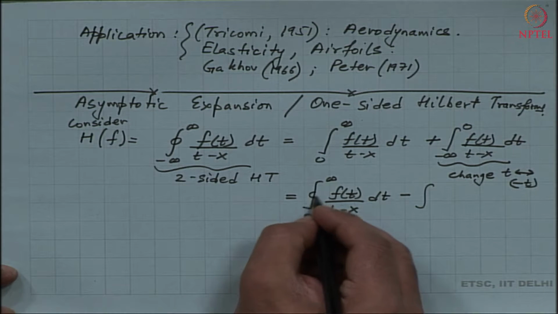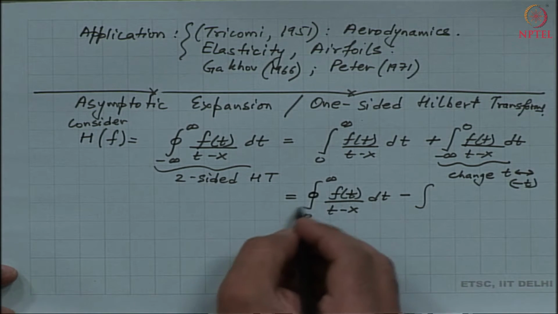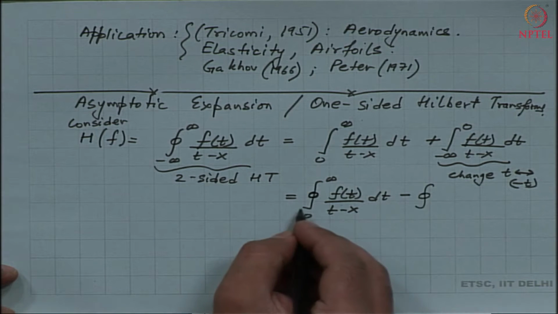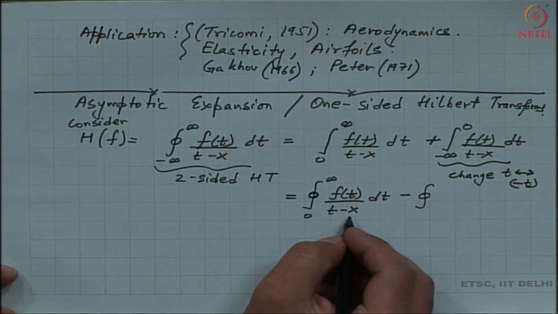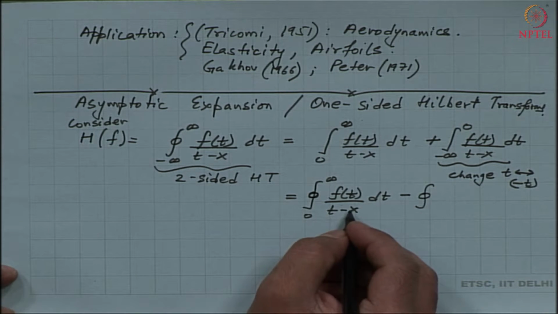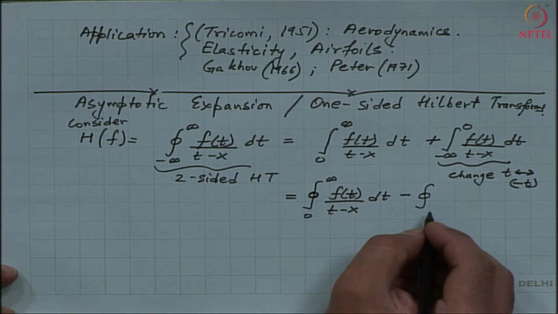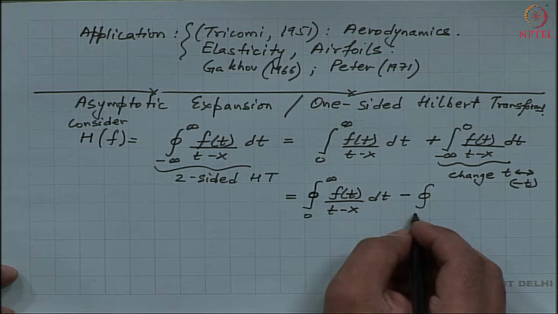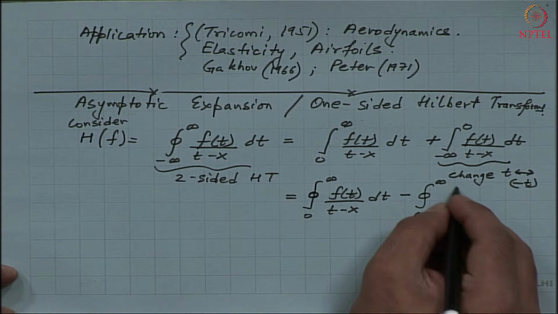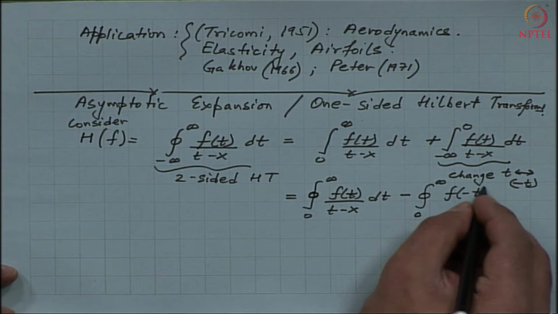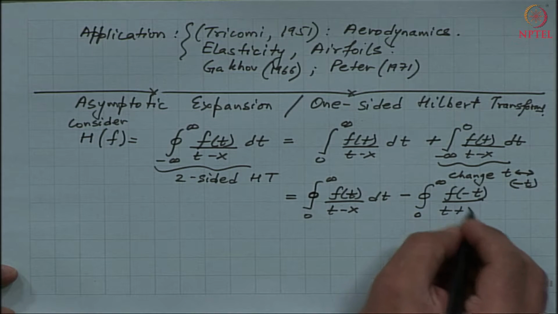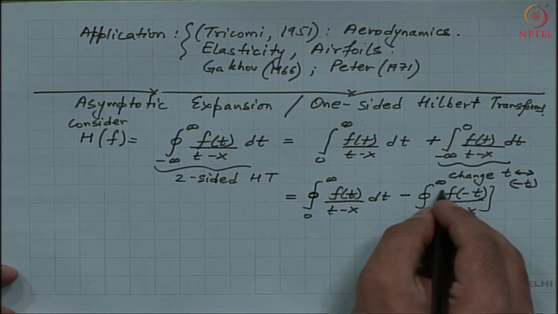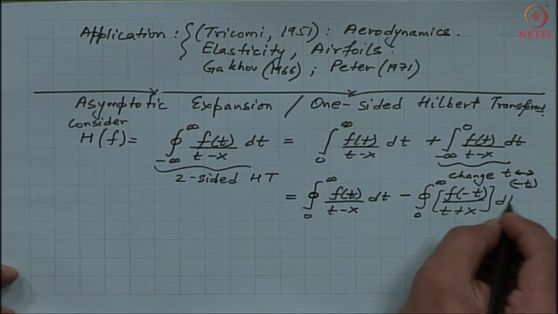So, I am going to assume that my new set of two integrals are also Cauchy principal value integrals, because we are not aware whether x is positive or negative. So, then my second integral is the integral from 0 to infinity of f of negative t times 1 by t plus x, dt. Okay.